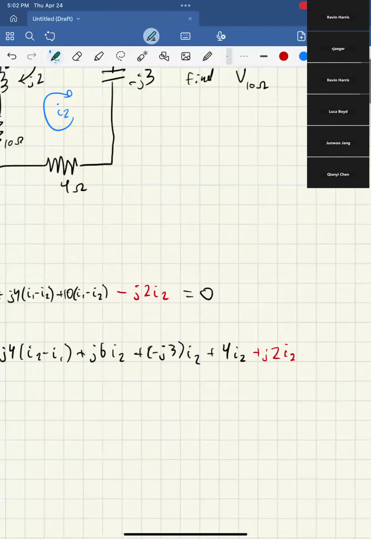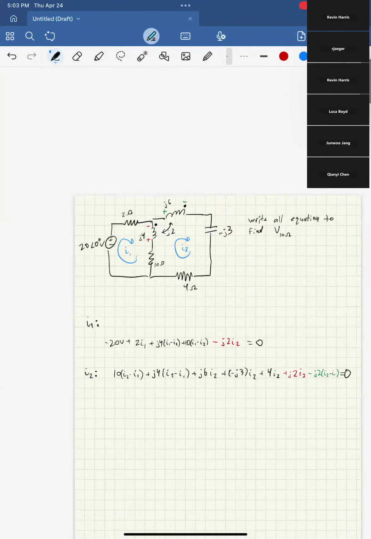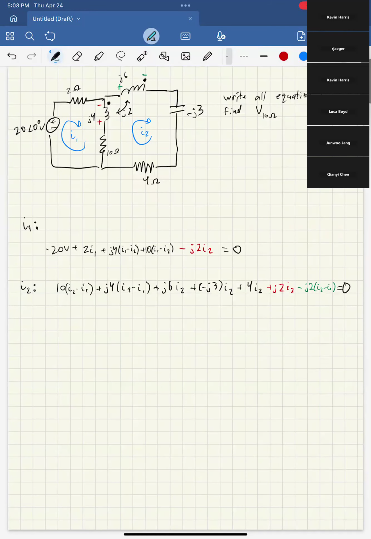So then here, we will write minus J2 times I2 minus I1. And then all of that equals 0. So it's a long equation, but hopefully you see that we have the normal stuff and then the other stuff tacked on at the end.